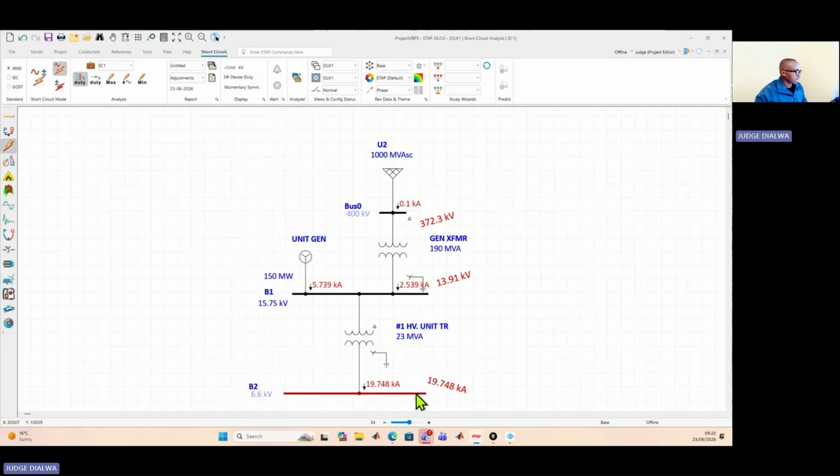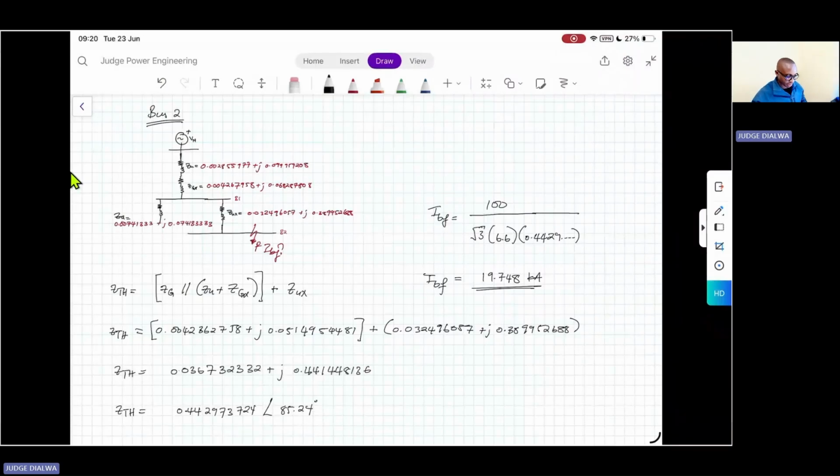The fault current at bus B2 is 19.748. So our hand calculations match our ETAP results. So we'll go back to our calculations and then take another scenario. So that's the 19.748 that we confirmed in ETAP.